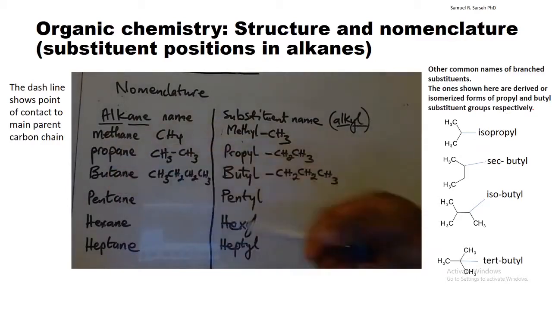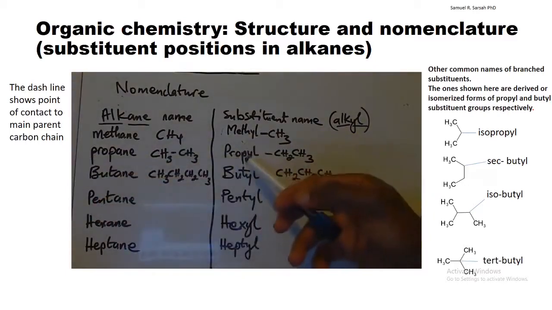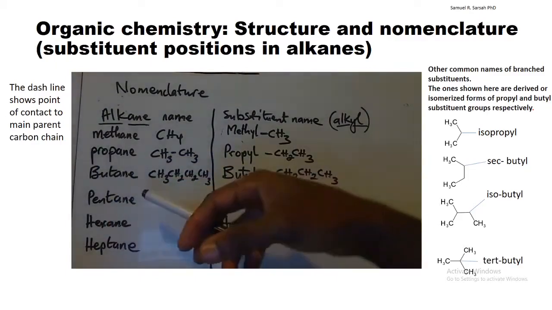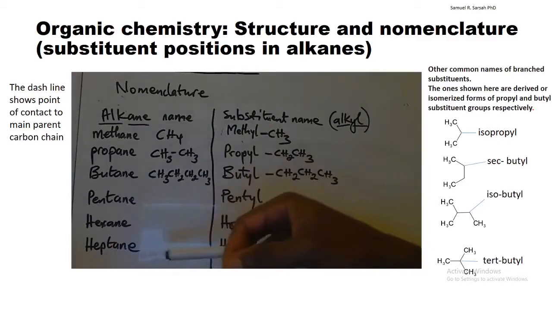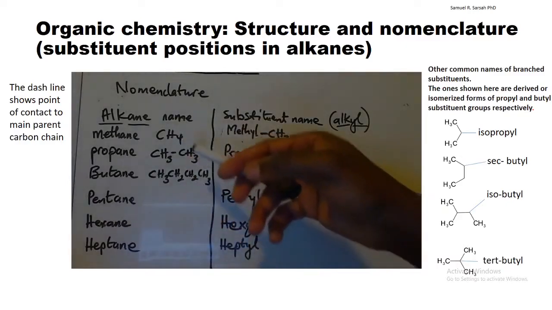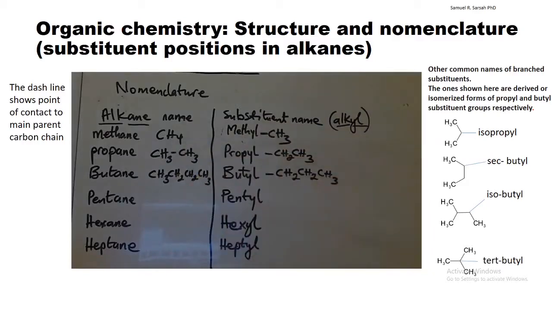So methane becomes methyl, propane becomes propyl, butane becomes butyl, and pentane, hexane, heptane become pentyl, hexyl, heptyl. The methyl looks like methane, but it's just one hydrogen less, because here there's just a substituent connecting to a main chain of a molecule.